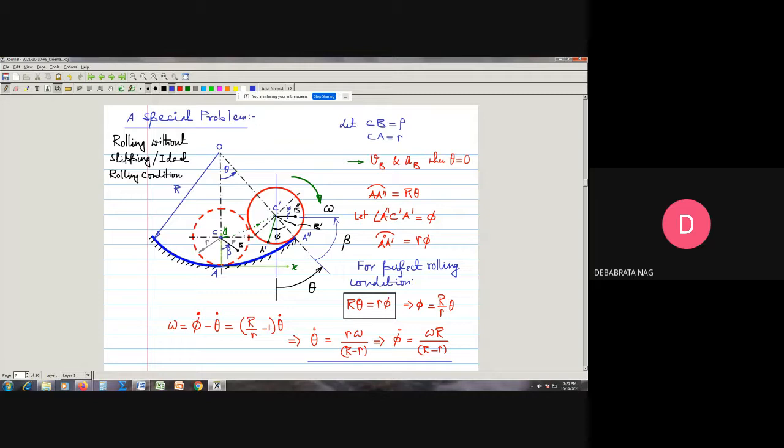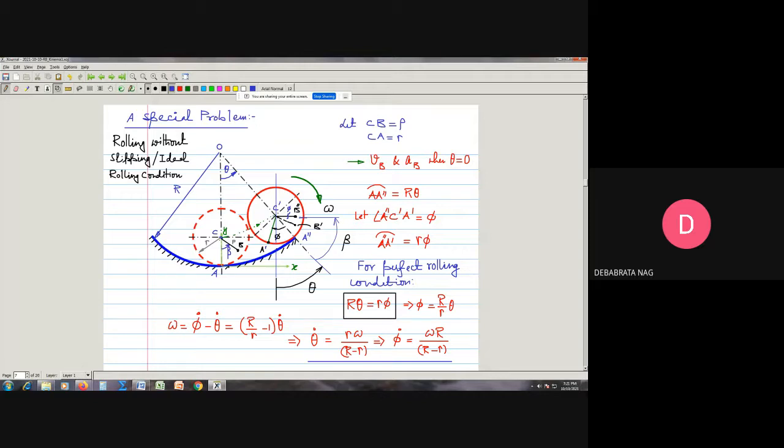So the angle between them is not going to change. But we have to remember that this B double dash is just the intermediate position in our Chasles' theorem description of the motion.